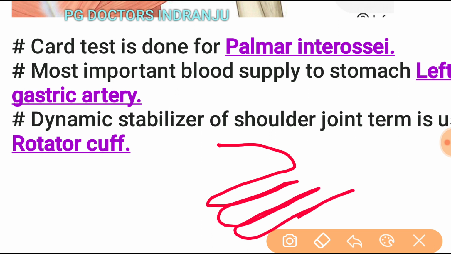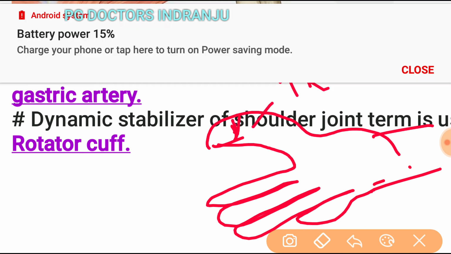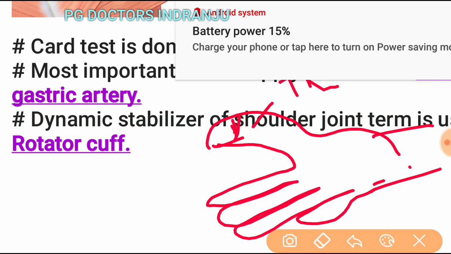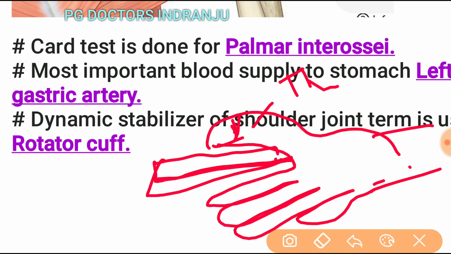If you assume this is the finger and this is the thumb, a card is inserted and gets trapped, and force is applied to pull out the card.